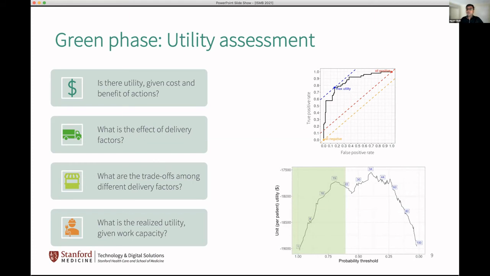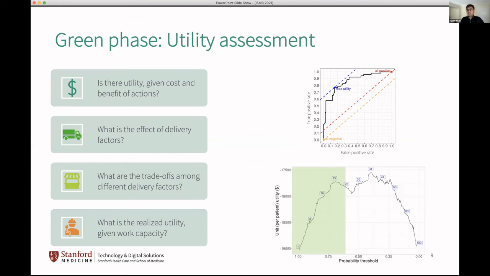Red is if we do something for all positives, and blue is the farthest point on the receiver operator curve, just to convince ourselves that by using a model, we're going to be making better decisions than doing nothing or just following up with everybody.